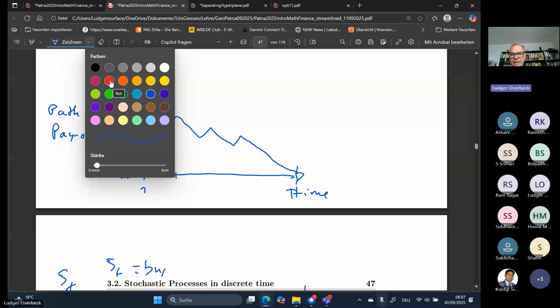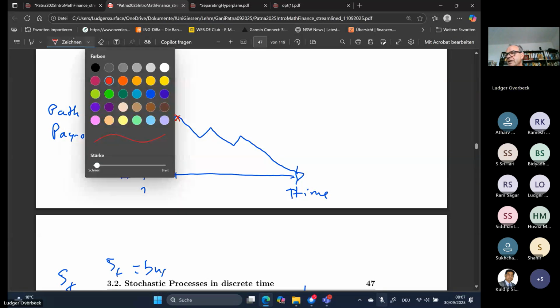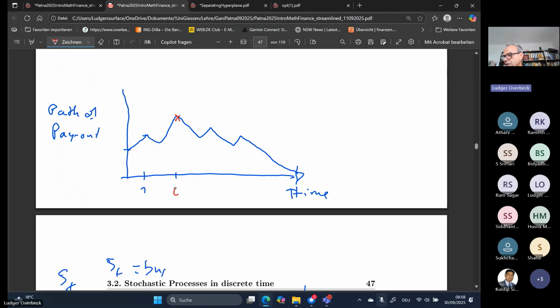This point would be a maximal payout. A very complicated way to find it, and that's what we will do actually. You want to find this stopping time. This is your tau. In this case, it's obviously like 3, yeah? But you want to figure this out without knowing it.